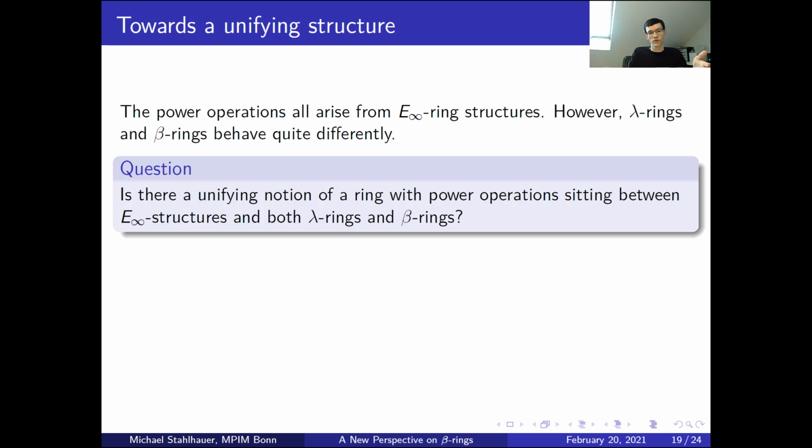So you might come up with the question whether there's a unifying algebraic notion of power operations, which encodes power operations coming from E-infinity structures, and which forgets both to lambda rings in the case of K-theory and to beta rings in the case of cohomology, but which is like a common notion of power operations for these two formalisms.